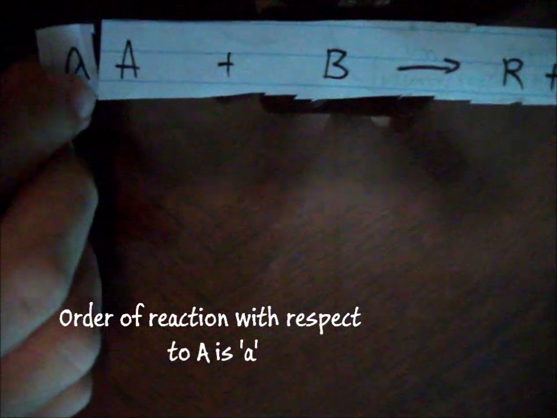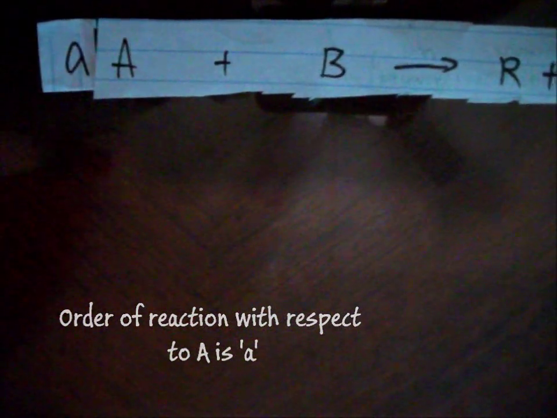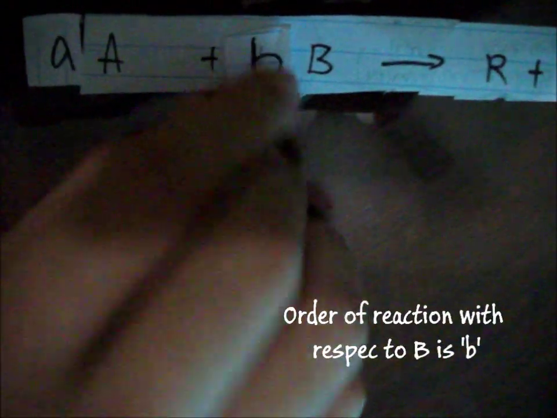Before we proceed to solve the problem, let us first talk about the overall order of reaction, where we'll give an example of the stoichiometric equation of reactant A plus reactant B forming product R plus S. Since we are talking about rate of reaction, we will not care about the products, only the reactants. The order of reaction with respect to A is denoted by the small letter a, and the order of reaction with respect to B is denoted by the small letter b.